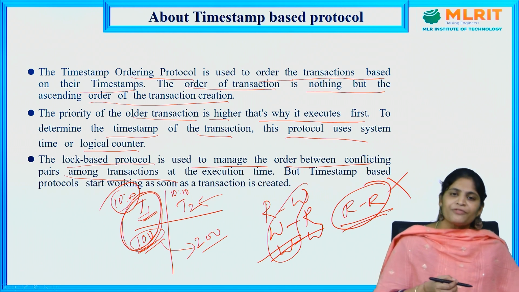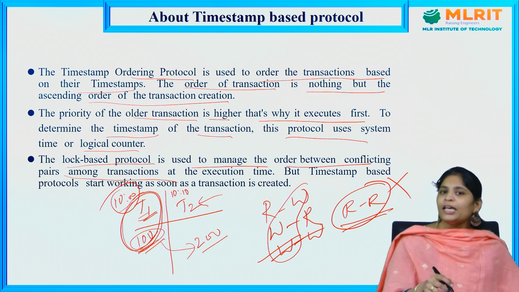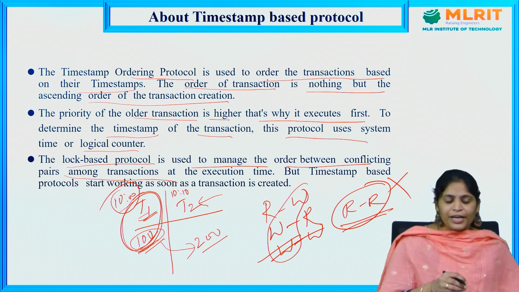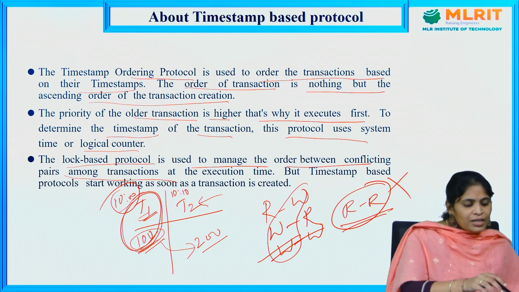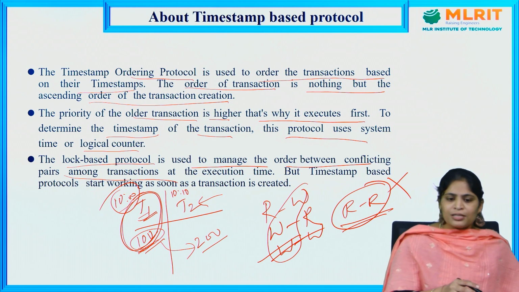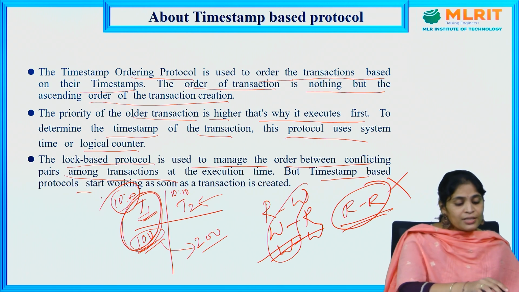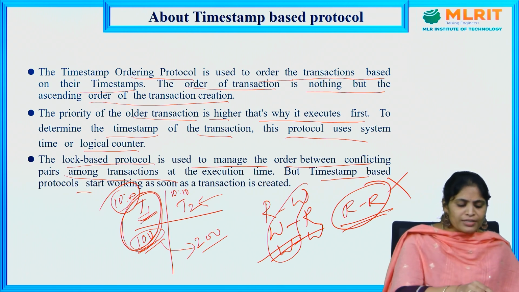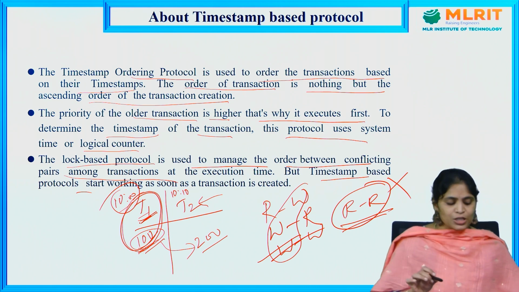That means if we update the data, then the database can become inconsistent. That is the reason. So in previous protocols, we managed the order between conflicting pairs at execution time, but the timestamp based protocol starts working as soon as the transaction is created.